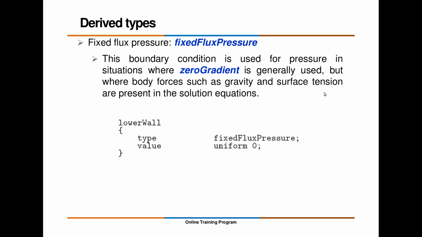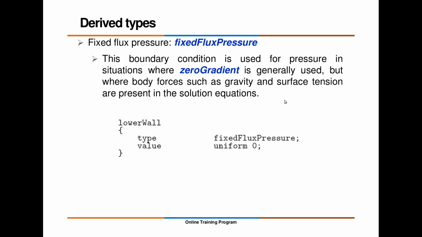Okay, but if in the calculation some body force such as gravity or surface tension is present, then as compared to zero gradient, you apply the fixed flux pressure. It takes into account these additional forces while calculating the pressure near the wall.